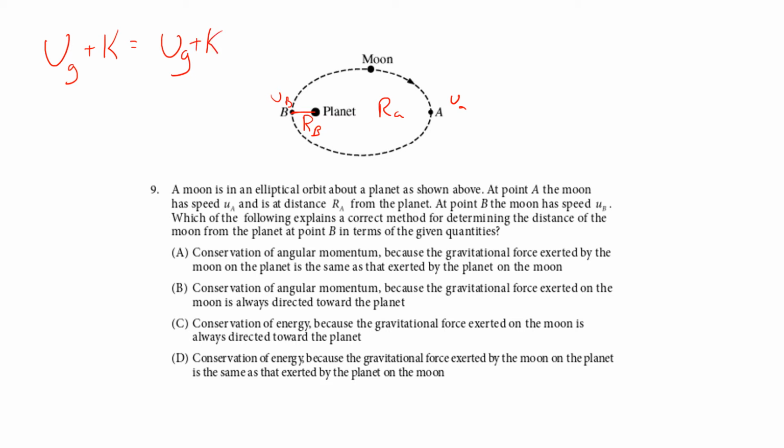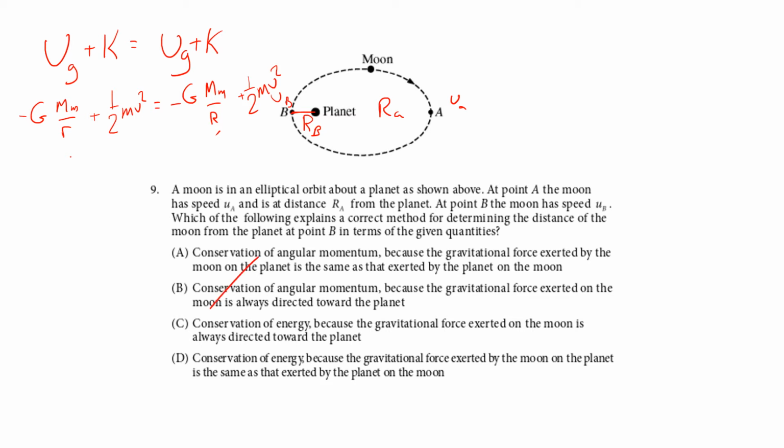All right, so remember this one is going to be the negative G M over R, plus K, which is 1/2 mv squared, is equal to the same thing, negative G M over R plus 1/2 mv squared. Now these v's are different v's. One of them's for B, one of them's for A. The same thing for these r's down here as well. Okay, so we're going to use conservation of energy, just like we did back in the day.